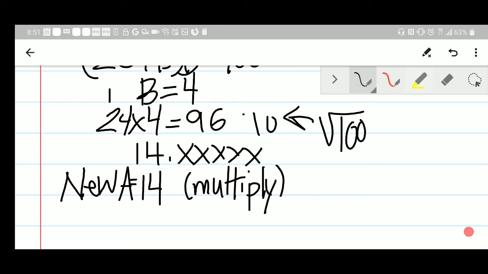Okay, so if we say our new a is 14, then we have to multiply this number by 100, the number we have left over.